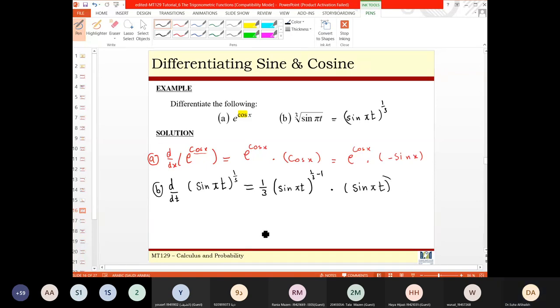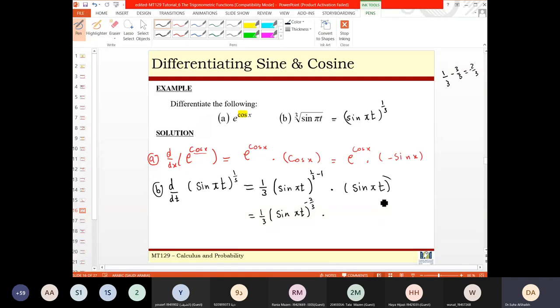Right? The derivative of the bracket times the derivative of what is inside the bracket. Now third minus 1 is like third minus 3/3, it's equal to minus 2/3. So this equals third, and here we have sine pi t to the power minus 2/3.